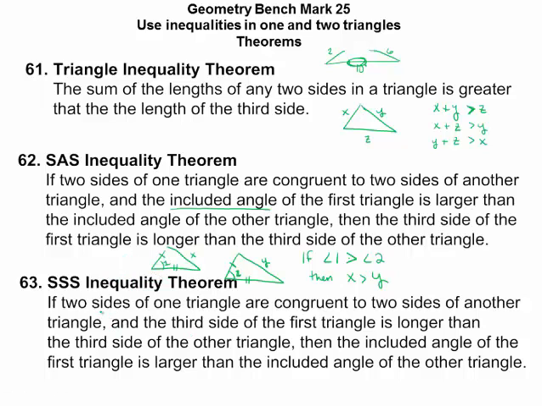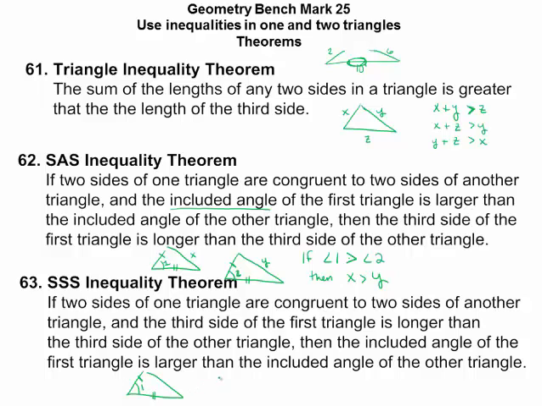Hold on, this one's saying if two sides of one triangle are congruent to two sides of another, and the third side is longer than the third side of the other. So basically it's the same thing. Instead of saying the bigger angle makes the bigger side, they're saying the bigger side makes the bigger angle. So I could draw basically the same pictures.